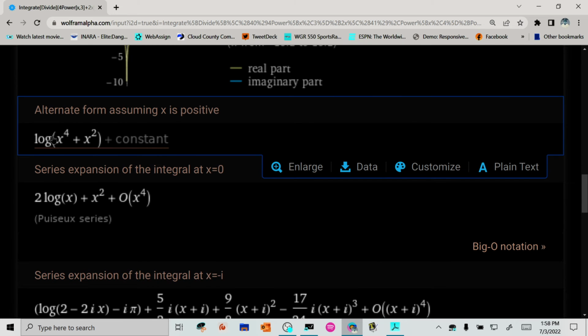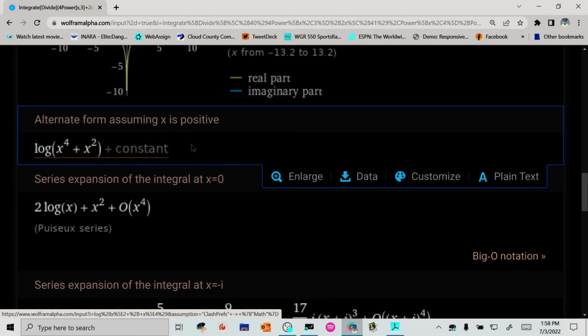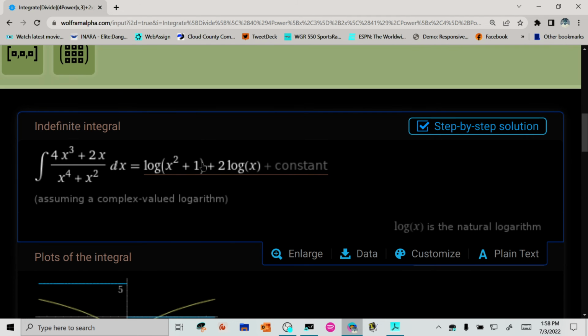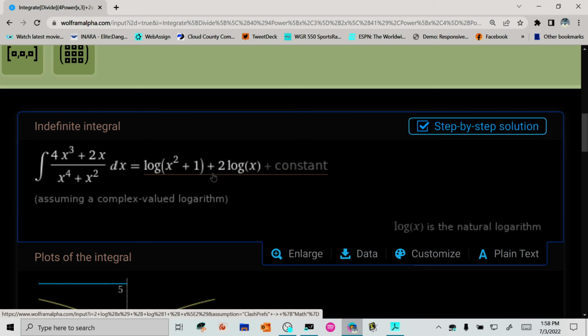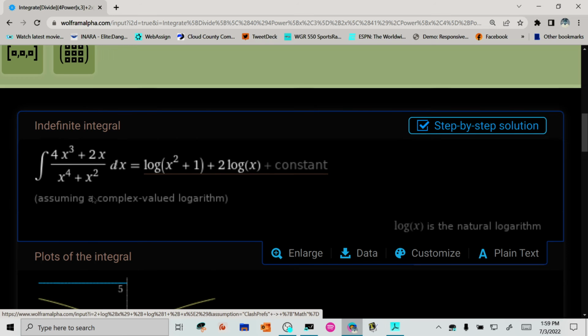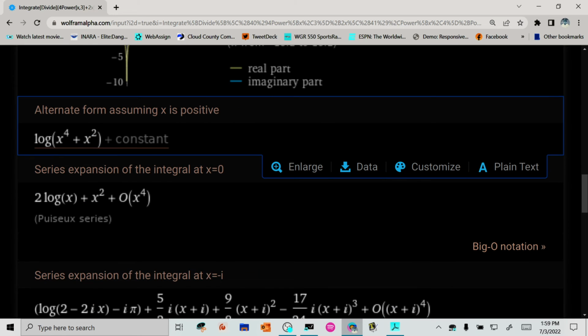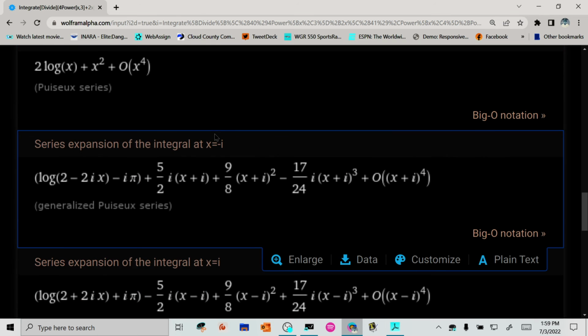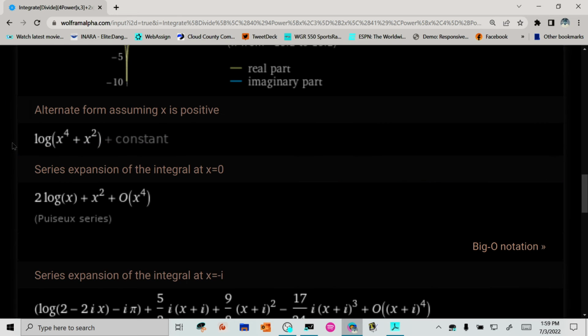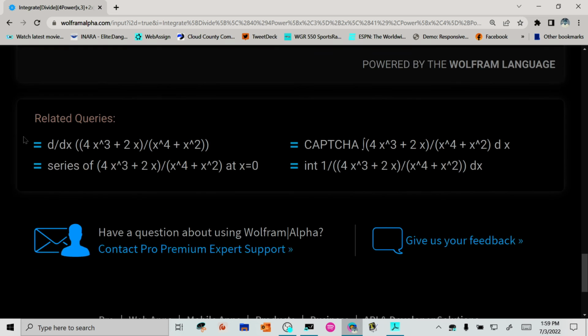So this right here is your solution as well. They gave you a different form up here, and I'm not exactly sure what they're doing, but if you look down below, you can sometimes find alternate forms, assuming x is positive, which in this case we are because it's the stuff inside the logarithm. In this case, it would just be that. So you might have to scroll down and see some different potential solutions, and you can see there's all kinds of crazy stuff down here.